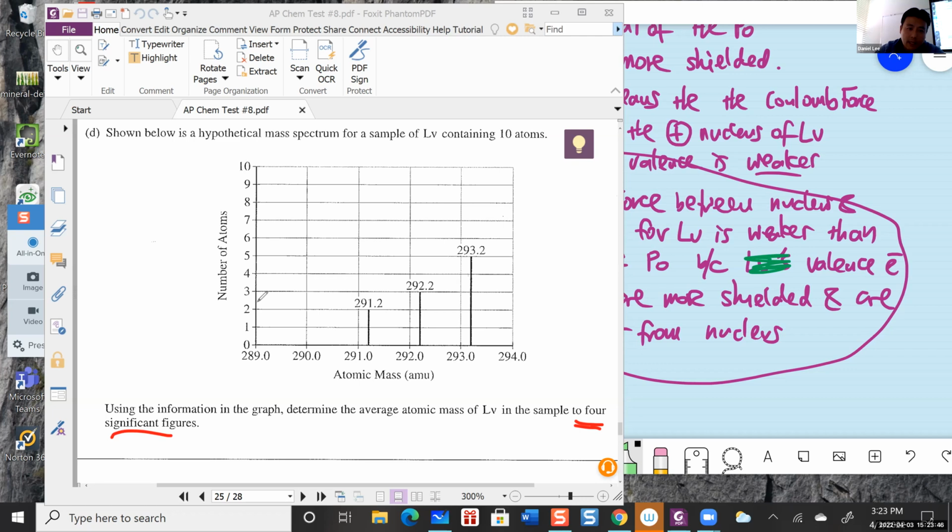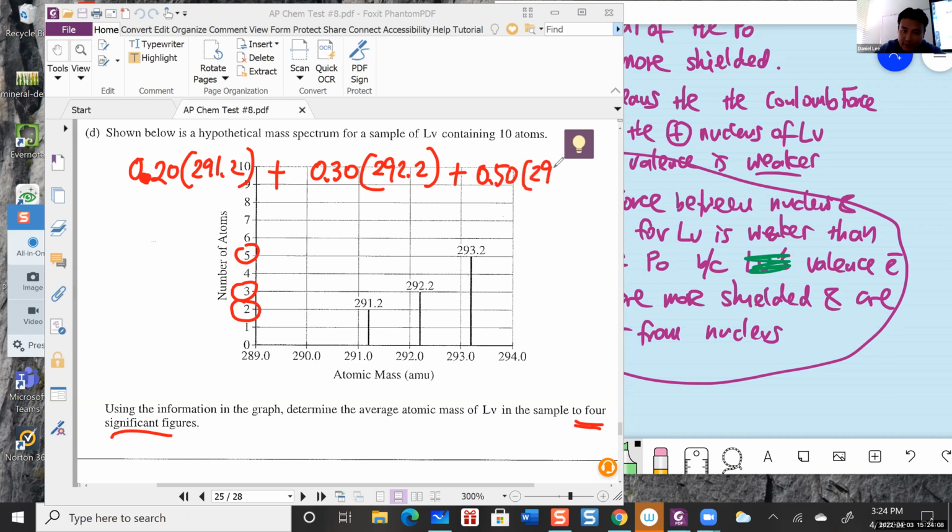So 20% is 0.2 multiplied by 291.2, plus the next isotope at 30%, so that will be 0.3 times 292.2, and then the next one is 50%, so 0.5 times 293.2.